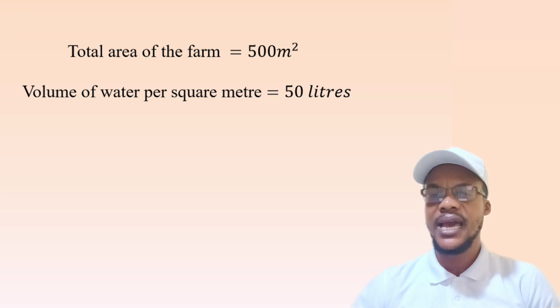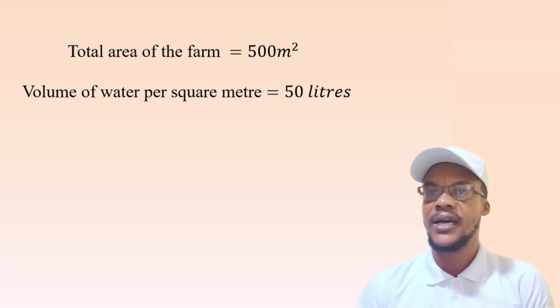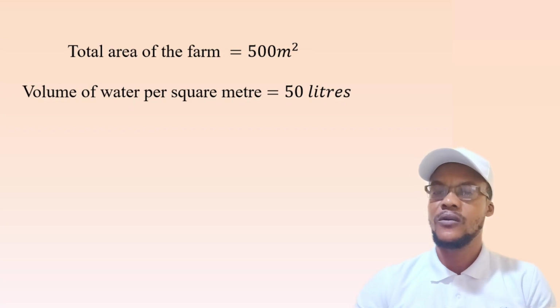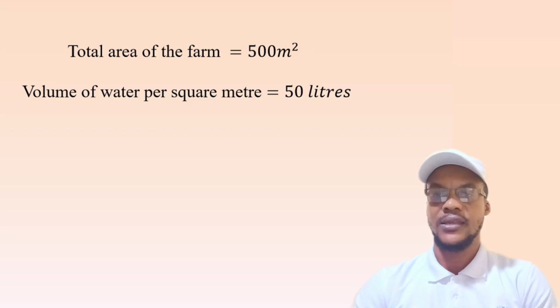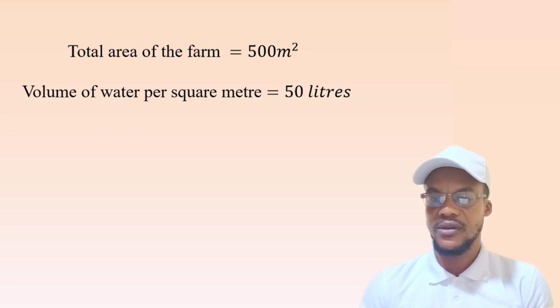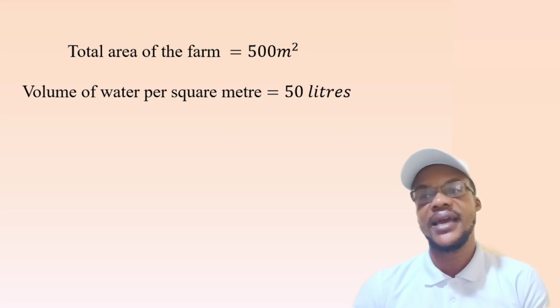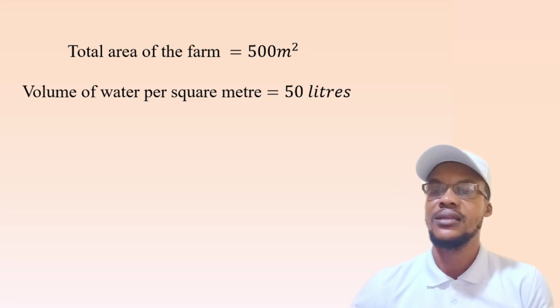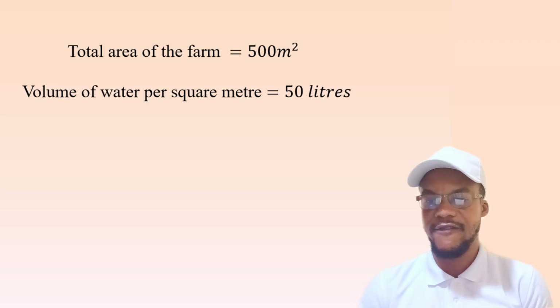If that's the case, how do we get the liters of water needed to irrigate the 500 meter square land? That's what we are talking about. It's just a matter of multiplying the 50 liters by the 500 meter square. Then you get the total volume of water required for the entire farm.